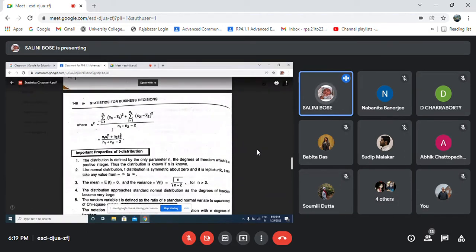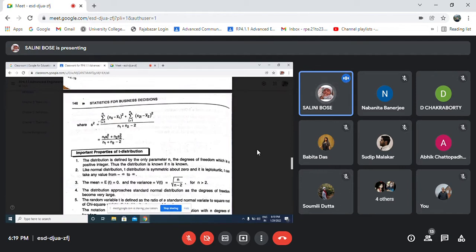For different sample sizes n1 and n2, two different sample means will be there, x1 bar and x2 bar, and different sample values. So x1i means the sample values of size n1, starting from i equals 1 to n1.